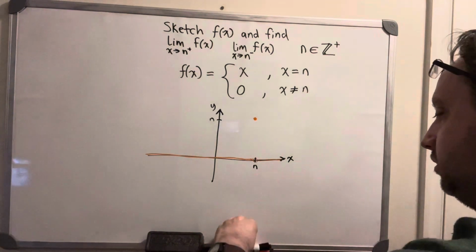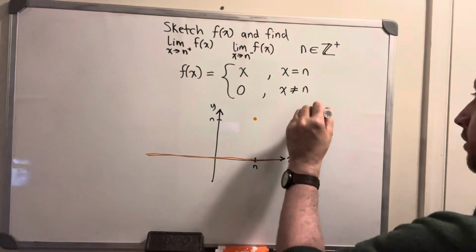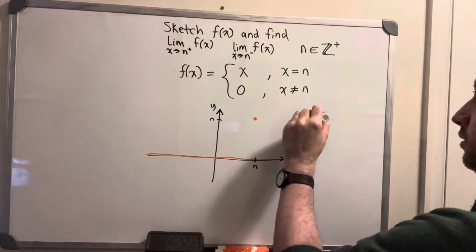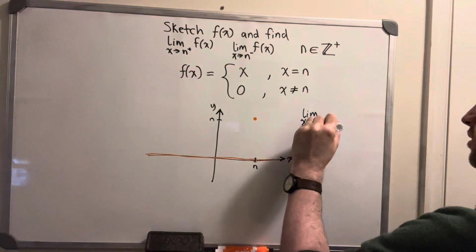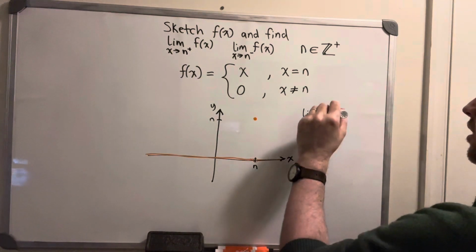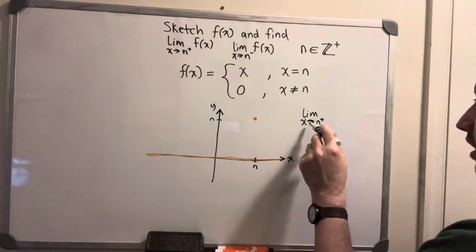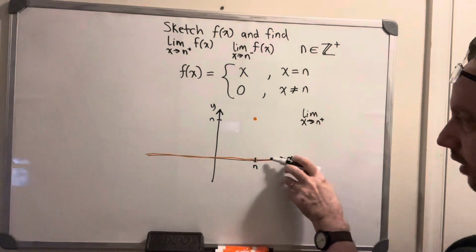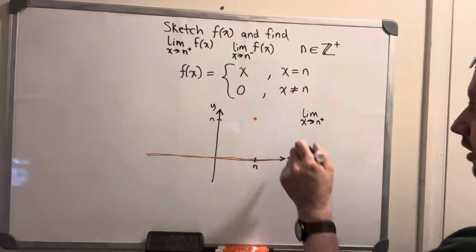Now, see if you can, on your own, figure out the value of the limit. First of all, if x is approaching n from the right, which of these do we take?